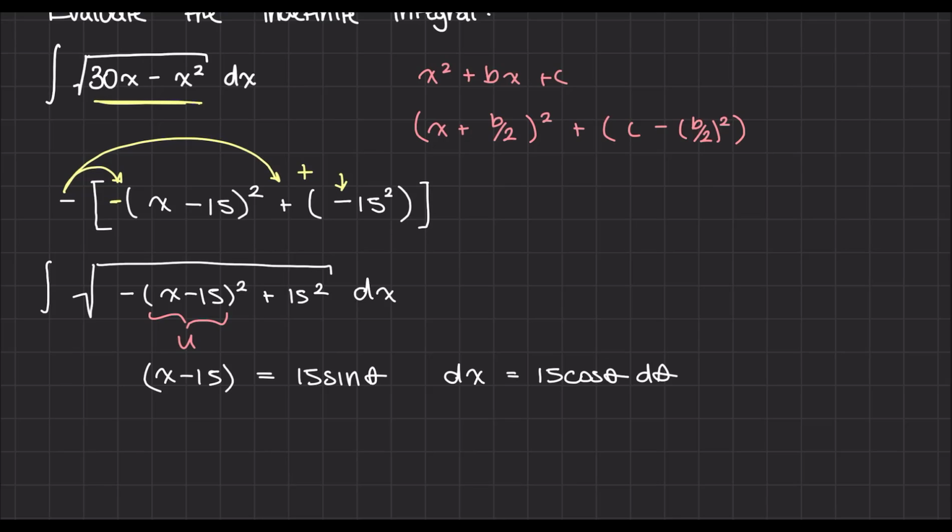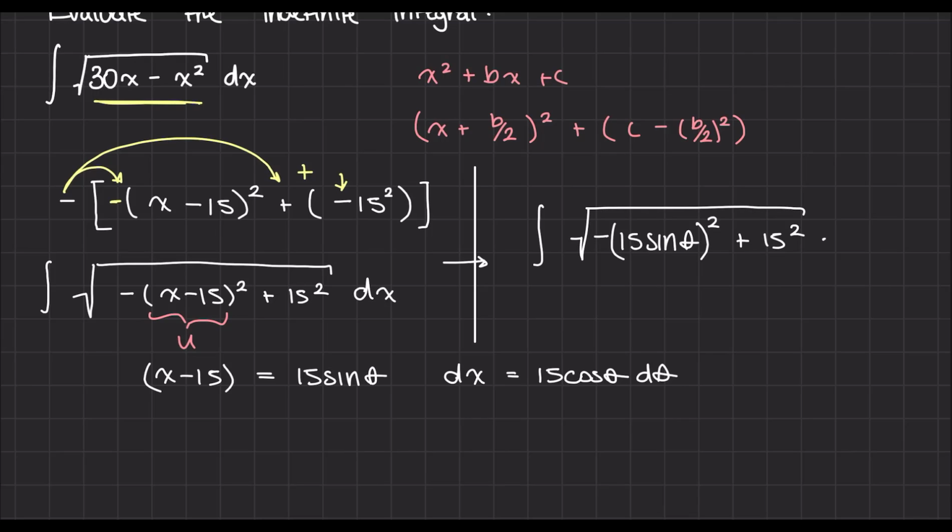And now we can make these substitutions in, and we'll have the integral of negative 15 sine theta squared plus 15 squared, times, because dx is now written as this, we have to have this on the outside, 15 cosine theta d theta.